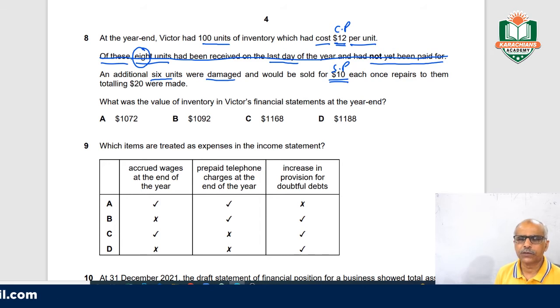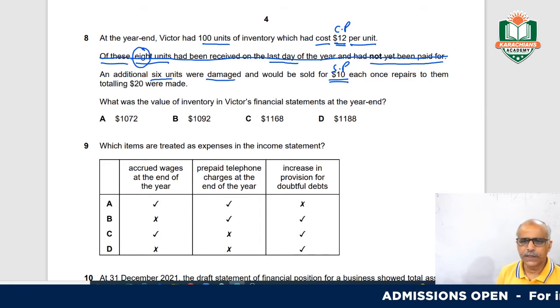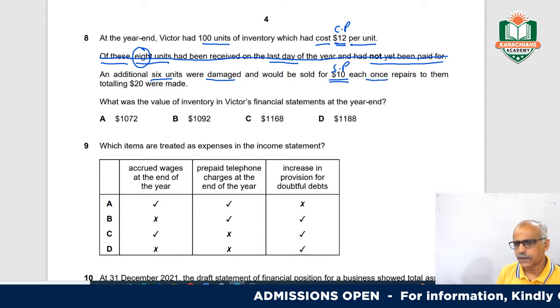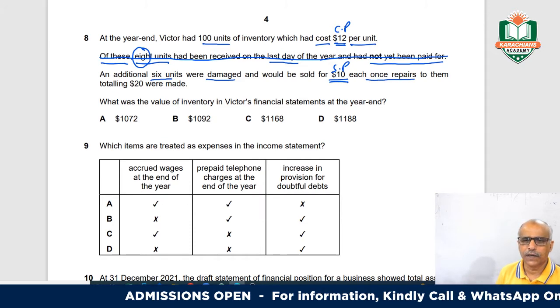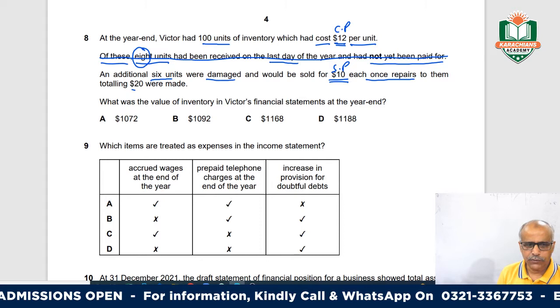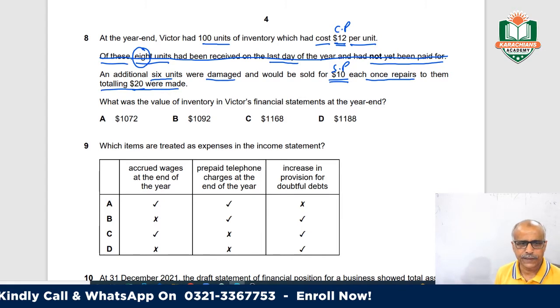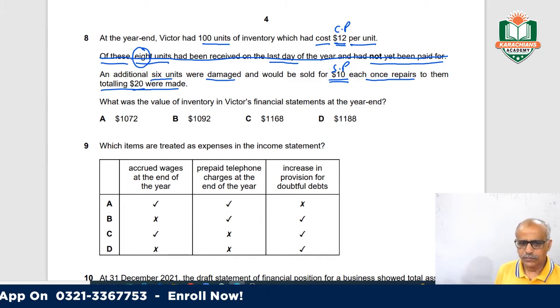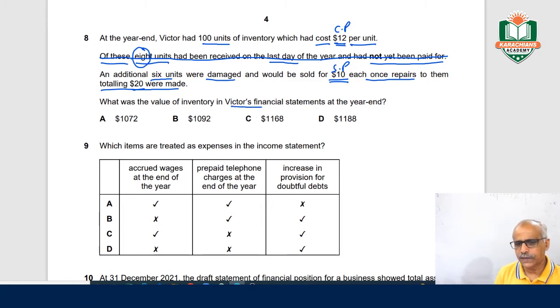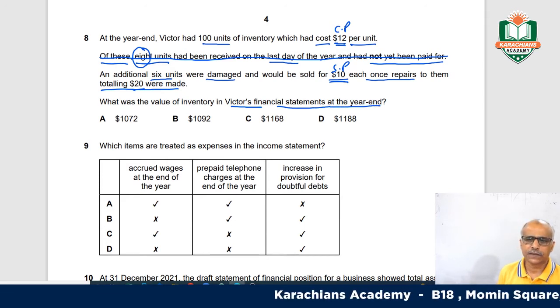The damaged units you can sell at $10 per unit once repairs are made to them, but one thing is there, you have to repair those damaged units. Repairs totaling $20 were made, right? What was the value of inventory in Victor's financial statements at the end of the year?